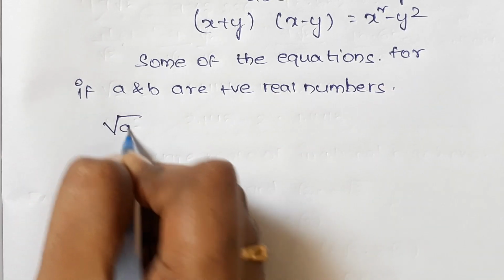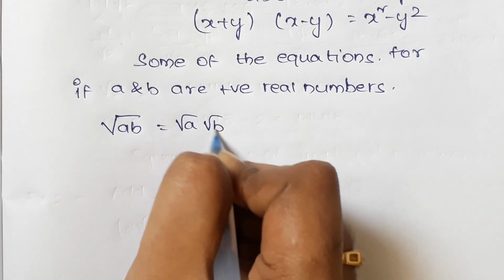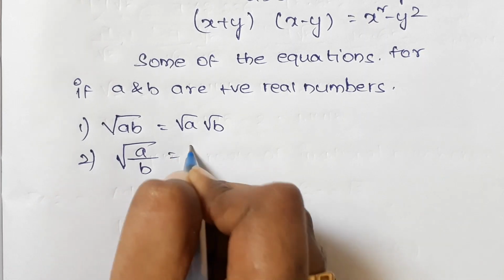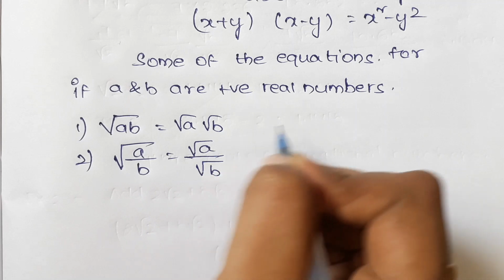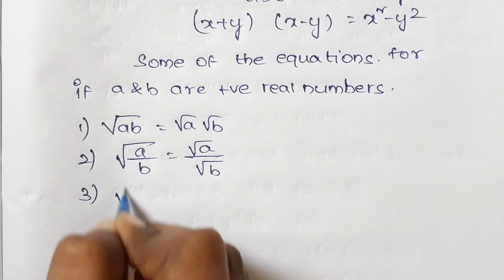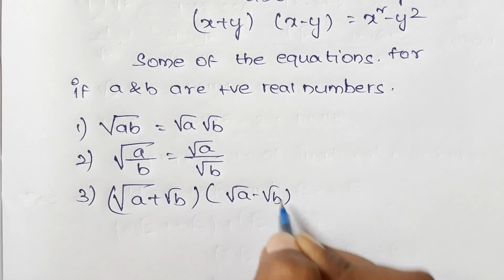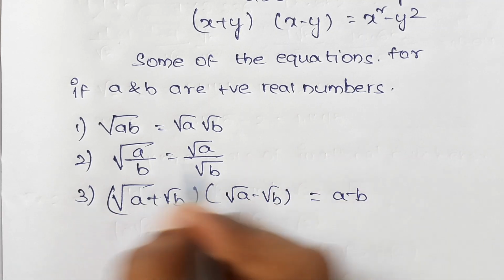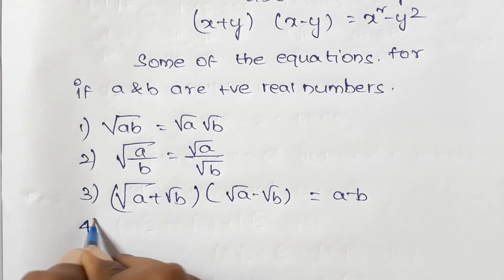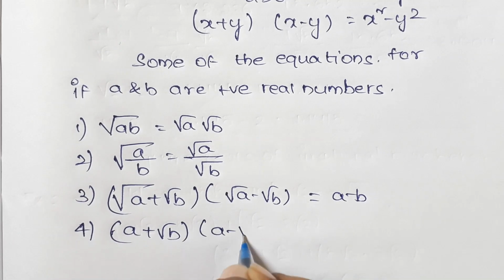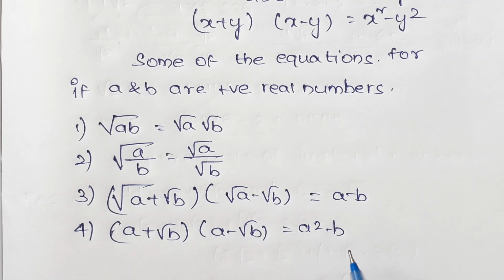That is root AB equals root A into root B. And next one, root A by B equals root A by root B. And another one, (root A plus root B) into (root A minus root B) equals A minus B. And fourth one is (A plus root B) into (A minus root B) equals A square minus B. These are some of the formulas if A, B are positive real numbers.